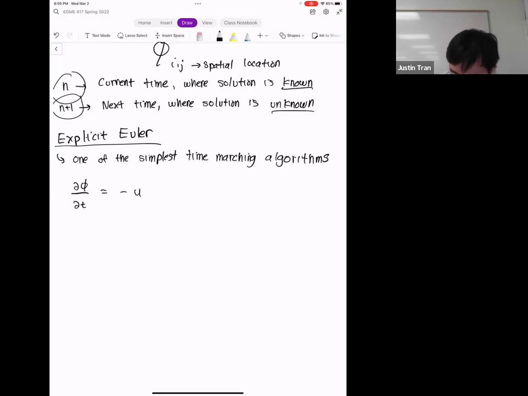If we move the convection term to the other side, what we have is minus u partial phi partial x plus k partial squared phi partial x squared plus q.